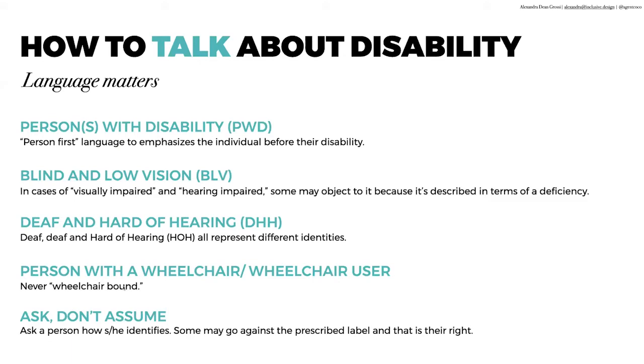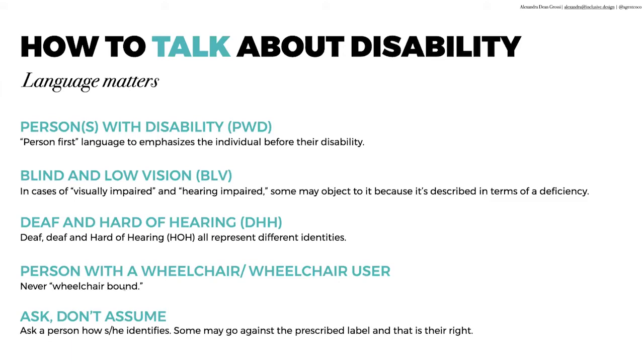So there's this thing called person-first language, which means that you say a person with a disability, a person who is a wheelchair user, putting the person in front, putting the personality in the person before their disability, rather than saying a deaf person, a blind person.